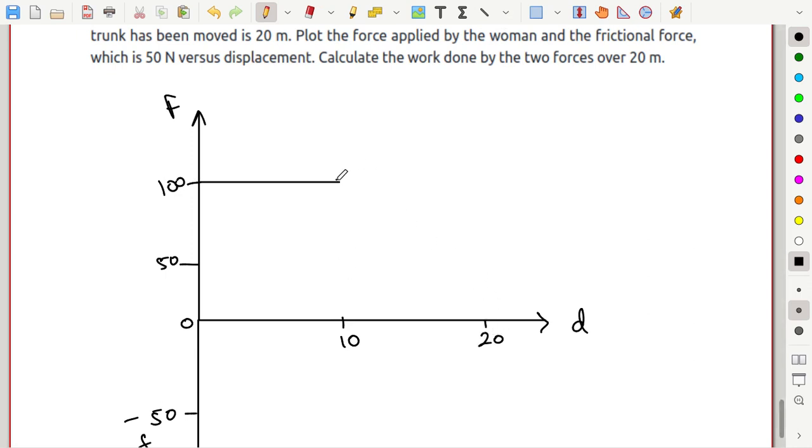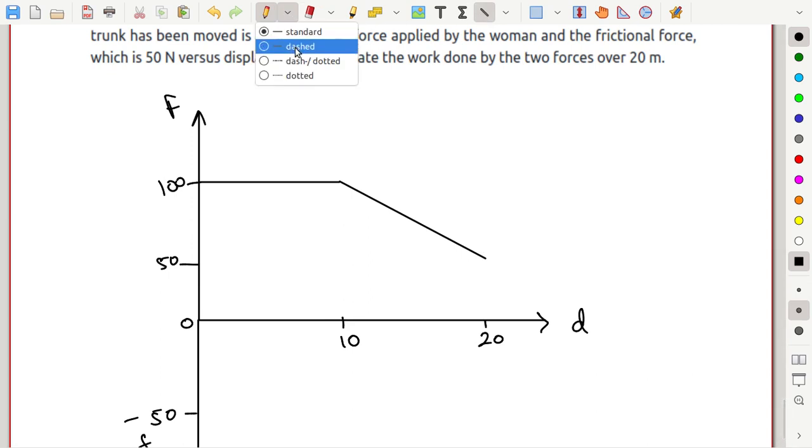From 10 meters onwards, she got tired, and her applied force starts to decrease linearly. Therefore it should be a linear slope. It should decrease and reach 50 newtons when she reaches 20 meters.